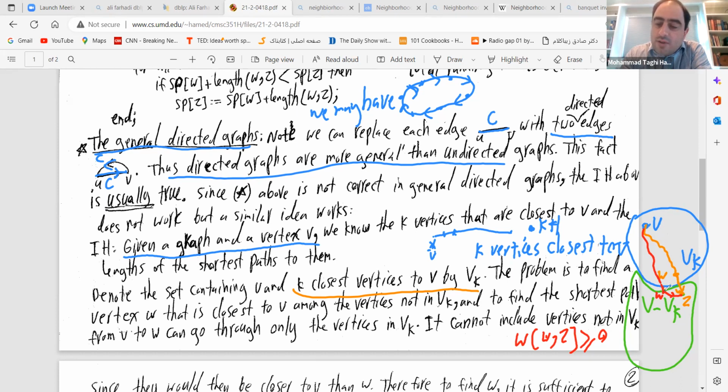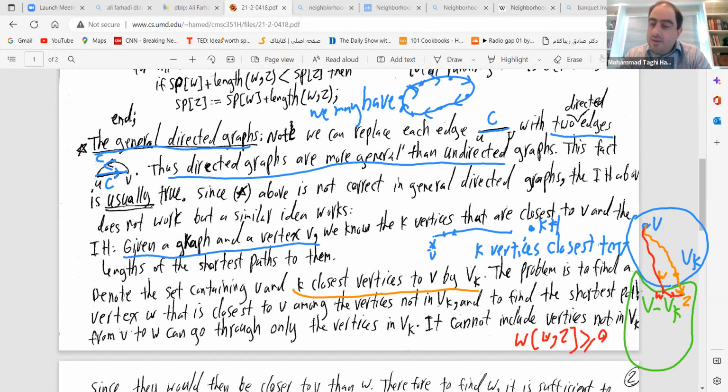And we could just talk about W instead of Z. If it is equal to 0, there is no difference between W and Z. If we want to be a bit more formal, we can say: find the next vertex that we want to add, the closest vertex among the rest of the vertices to V. And if there are several vertices which have the same exact shortest path, then consider the one that has the minimum number of hops, like the number of vertices in the path.